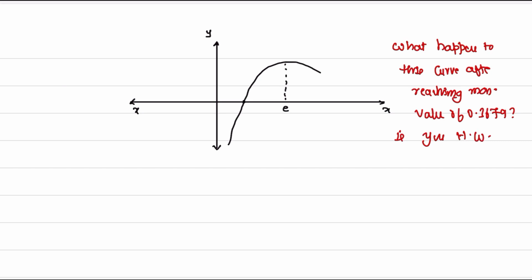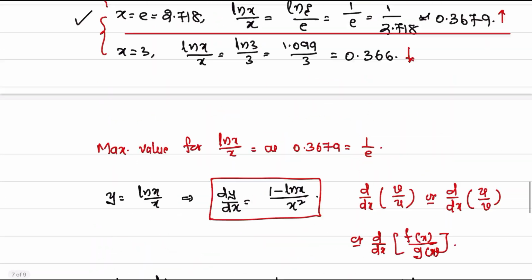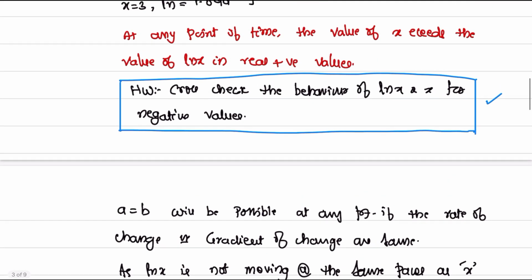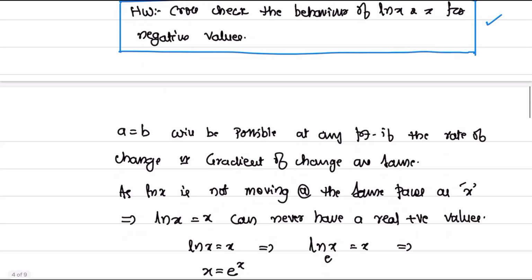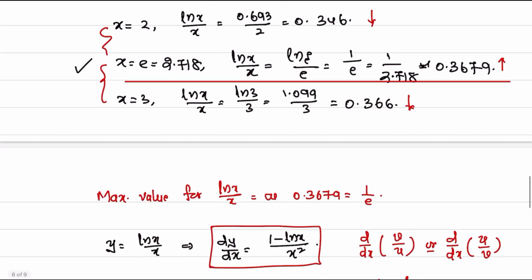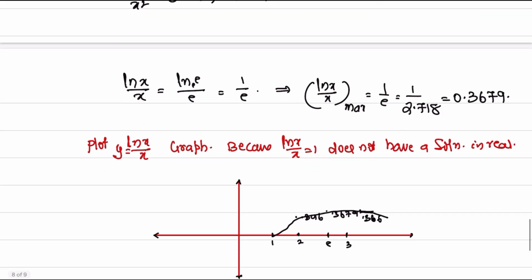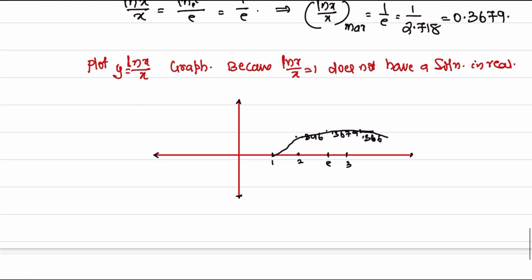Please do this. I have given 2 homeworks to you. One is, what happens when x is in negative values? Cross check the behavior of ln x and x for negative values. Behavior you cross check, not exact values. A decimal here and there in exact values doesn't matter. You should understand the concept.